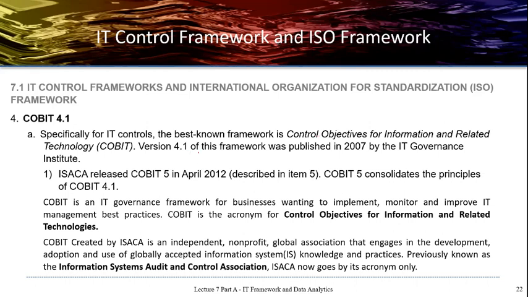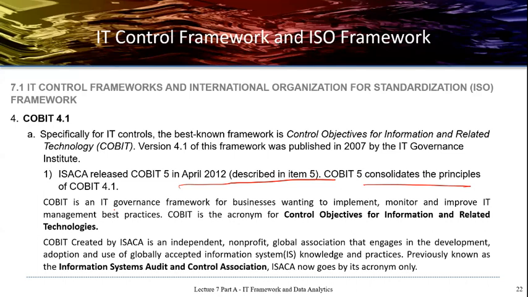Version 4.1 of the framework was published in 2007 by the IT Governance Institute. COBIT is a product of ISACA, which released COBIT 5 in April 2012. COBIT 5 consolidated the principles of COBIT 4.1.